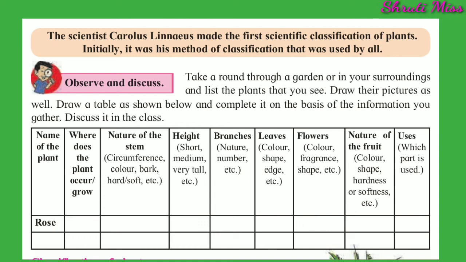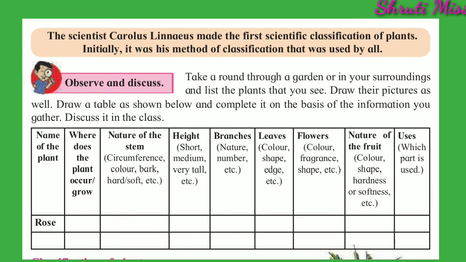In the nature of the stem there are circumference, color, bark, hard and soft, while on the basis of height it can be short, medium, very tall, etc. Branches can be noted by nature and number. In the leaves there can be differences by color, shape and edges.